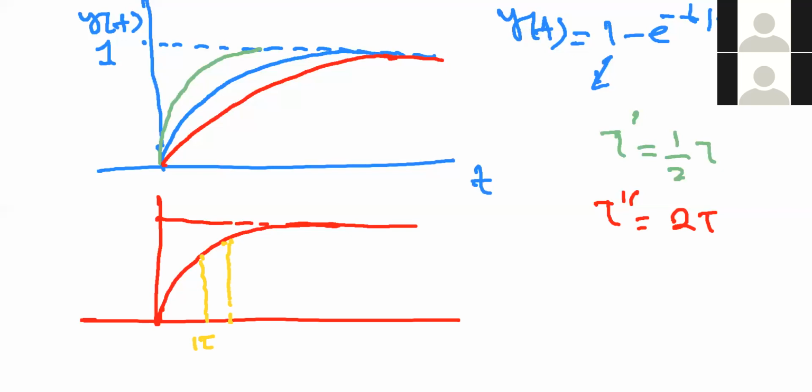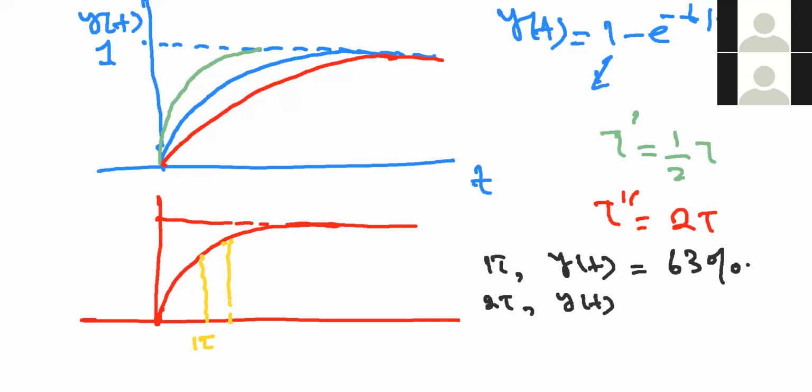Then you can find the values. How will you find them? You have to find the value of y(t). For one time constant, y(t) will be 63% of the final value. For two time constants, y(t) should reach 85.5%.